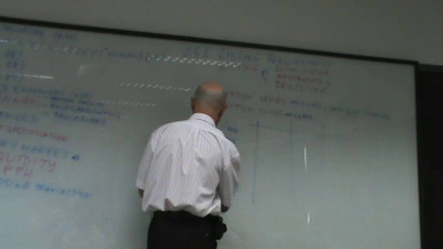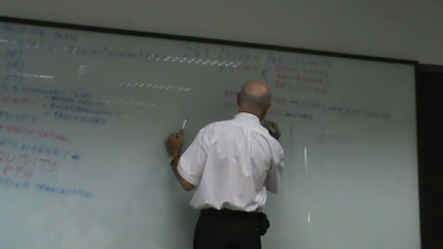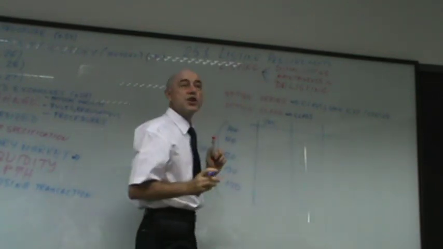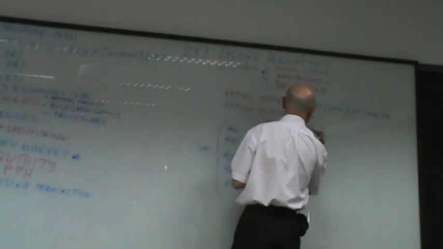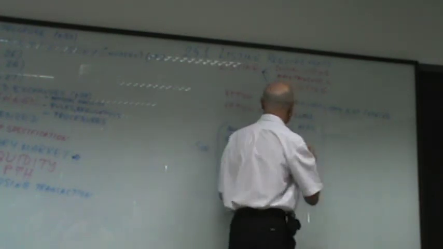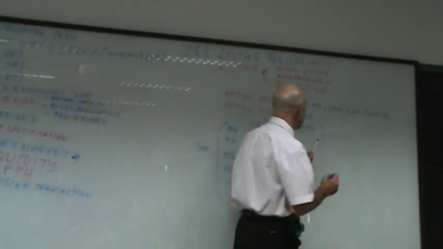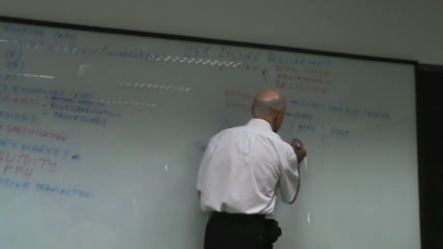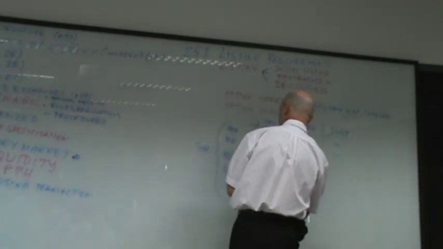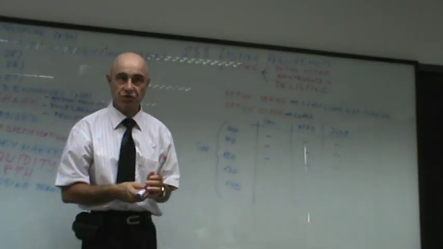And then the expirations are going to be January, April, July, number 1, number 4, number 7. Each represents an option.